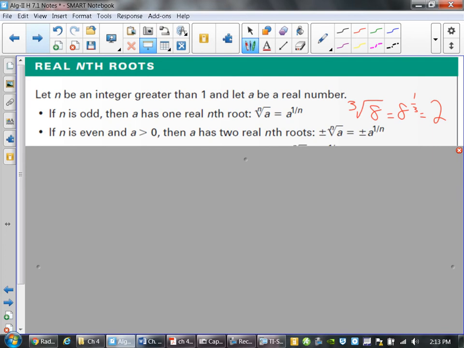For example, if you had to take the square root of 1/3, you would get x equals plus or minus root 3 over 3.